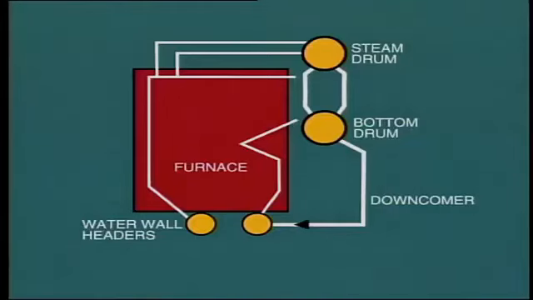Means must be provided for draining the boiler of water in the case that certain maintenance work needs to be performed. For this purpose, large drain valves are fitted at low-level points such as the bottom drum, downcomer's low point, bottom water wall headers.